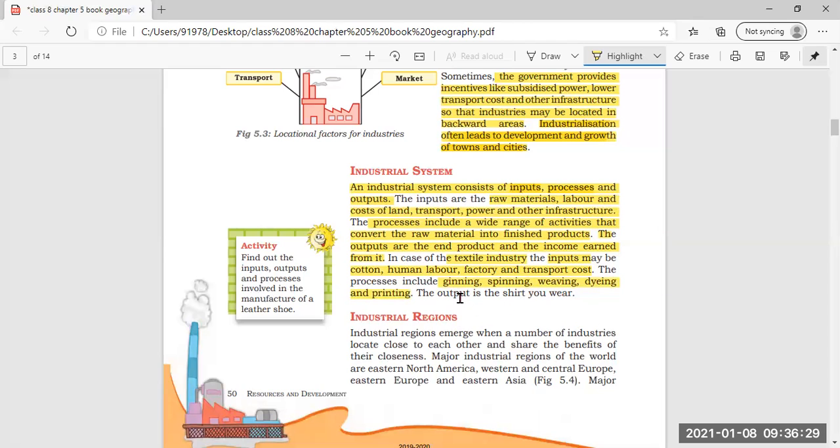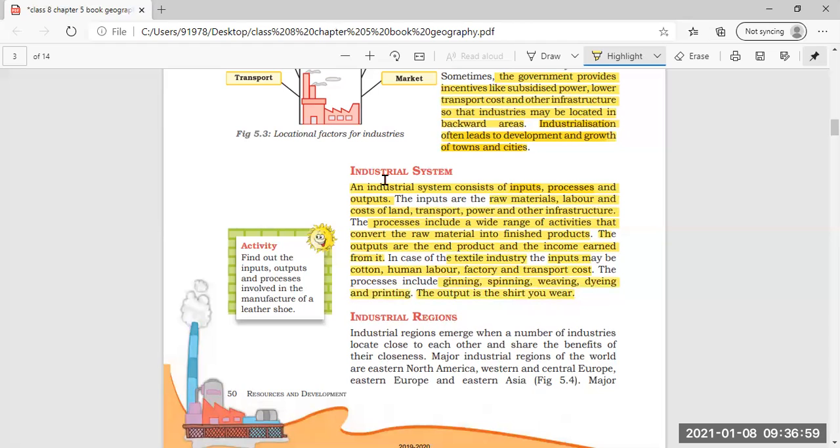First the thread is taken out, then it is spun, then it is woven, then dyeing of that cloth is done, then printing of that cloth is done, and the output will be the shirt you wear. This will be the final product. So this is the example we have read about the textile industry.